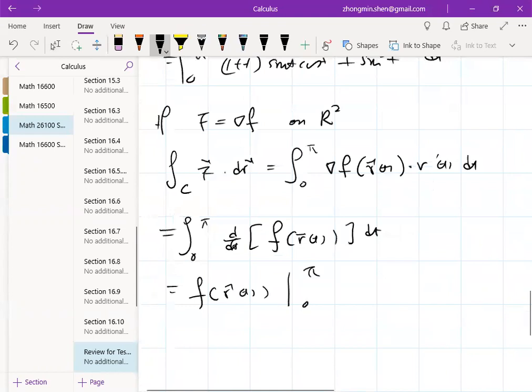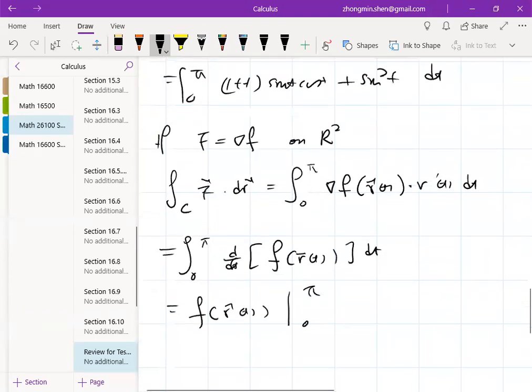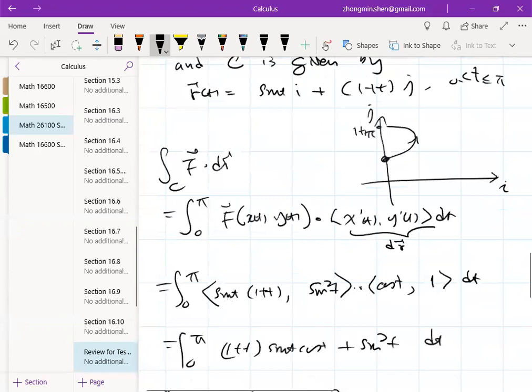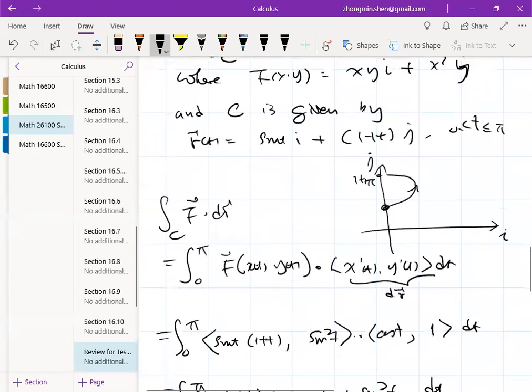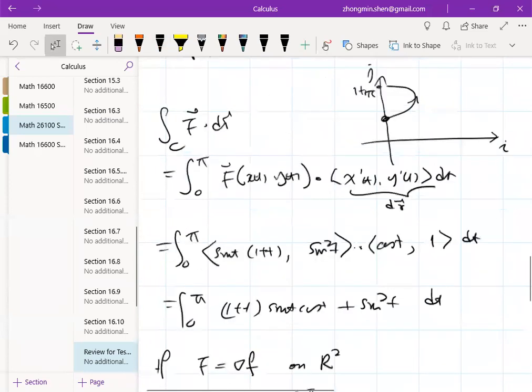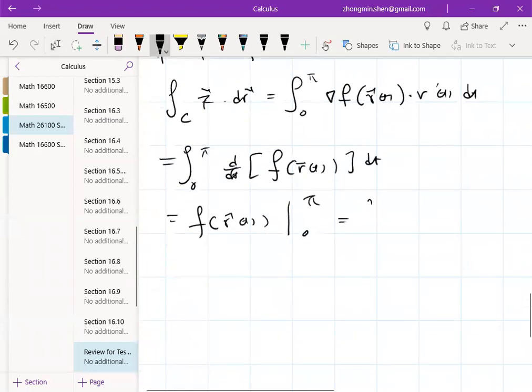Right? You only have two endpoints. When t equals 0, it'll be (0, 1). When t equals pi, it will be sine pi, 0, so (0, 1 plus pi). So actually, it's going to be f(0, 1 plus pi) minus f(0, 1). So all I have to do is just find the function f. It has nothing to do with the path, just the endpoints.